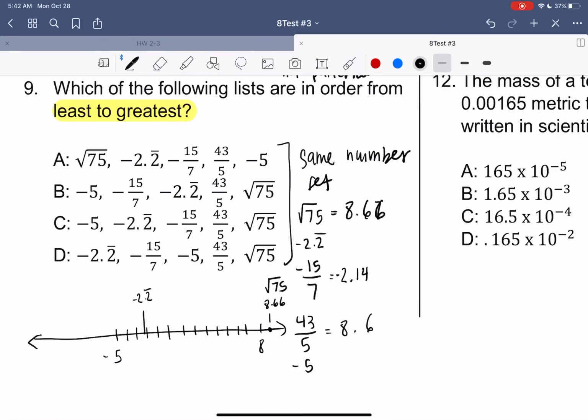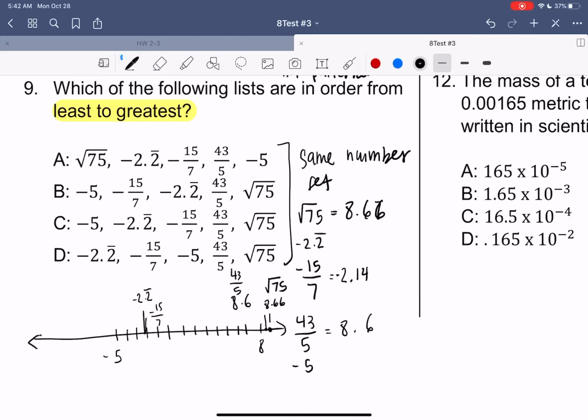Negative 2.14 is going to be just before this. So that was negative 15 over 7. And 8.6 would be just a little bit before 43 over 5.